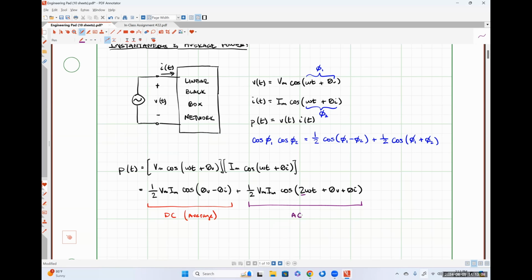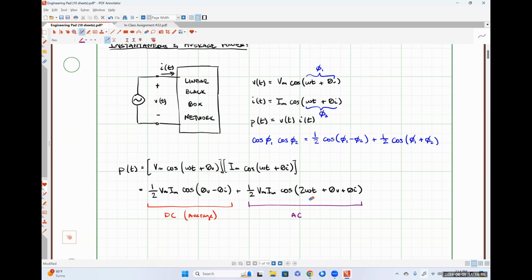So our instantaneous power has two pieces, a DC part that represents the average power, and an AC part that's oscillating at twice the frequency of our voltage or current waveform. So this is our generic representation of instantaneous power. And this equation works for literally anything as long as we are looking at a sinusoidally excited system. Okay. So this is our baseline equation.